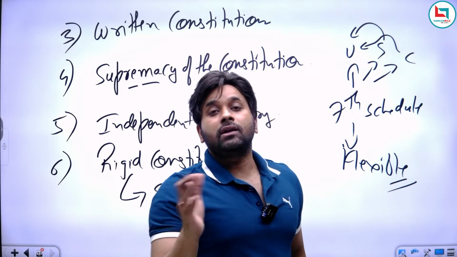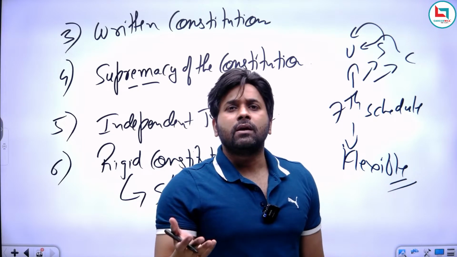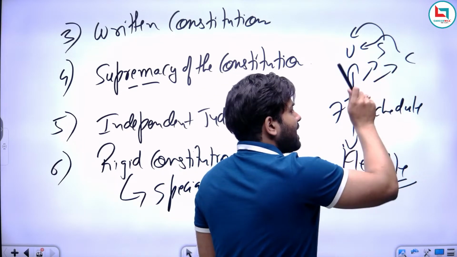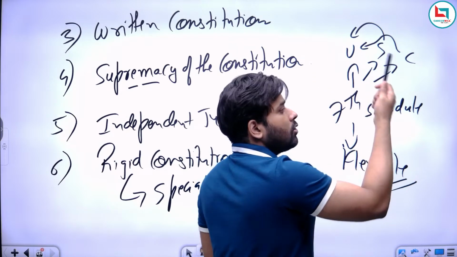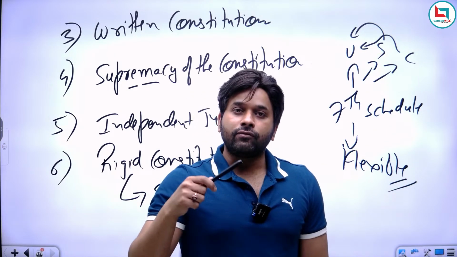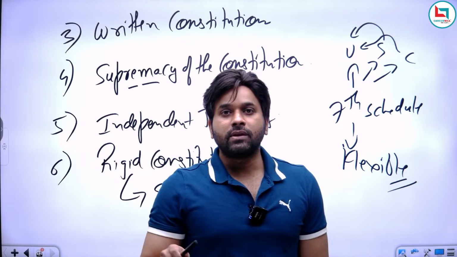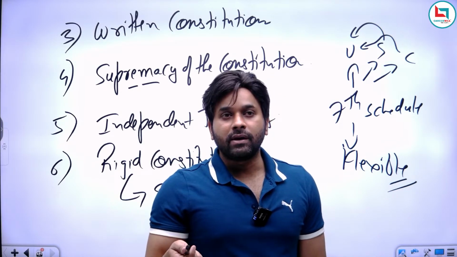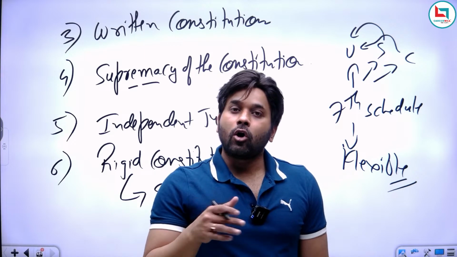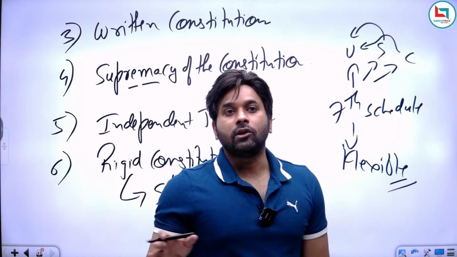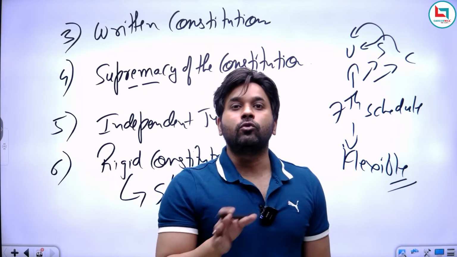Or simply parliament can abolish the state list and concurrent list, and only one list will exist, the union list. And if only the union list exists, the power to make laws is only with the union government, that is parliament. Then all of a sudden the state governments will be left without any power to make any law. Their legislature will be of no use.